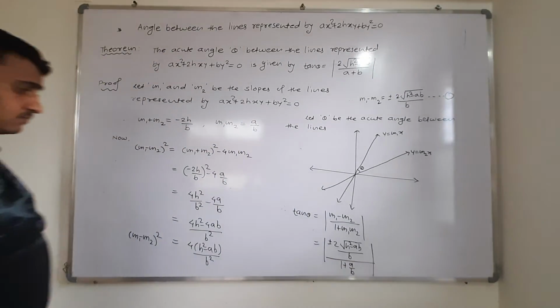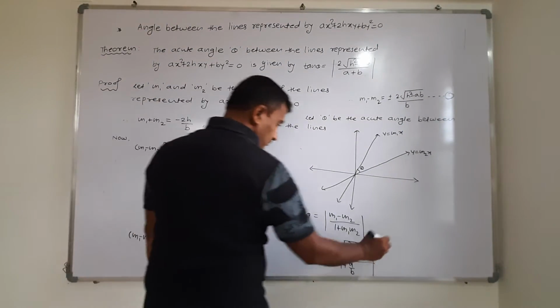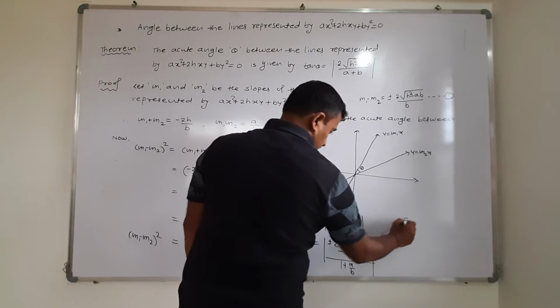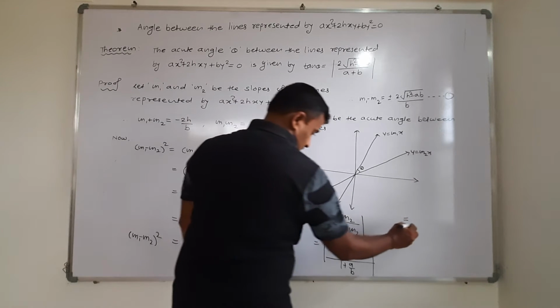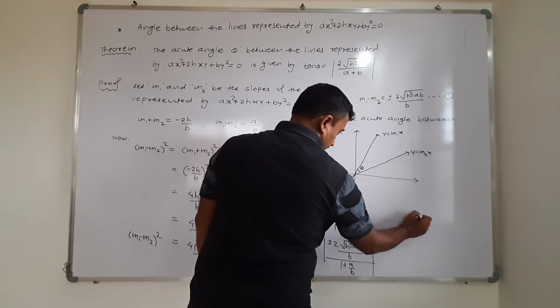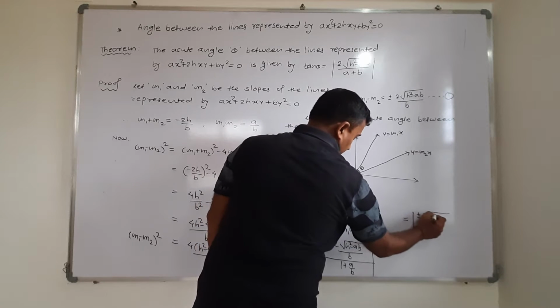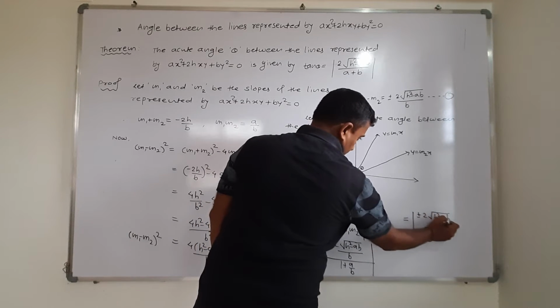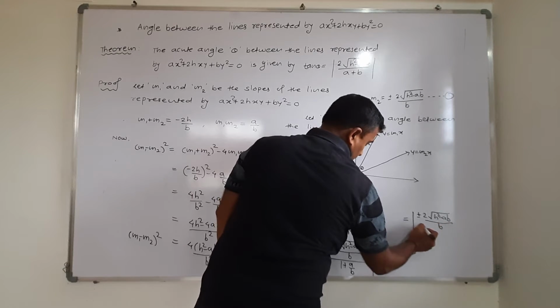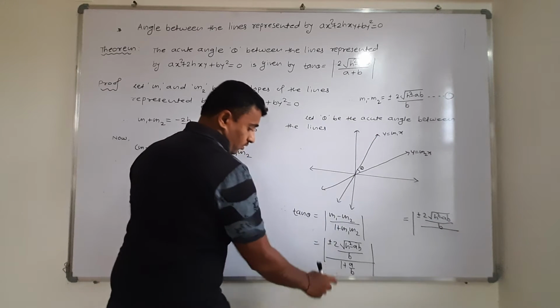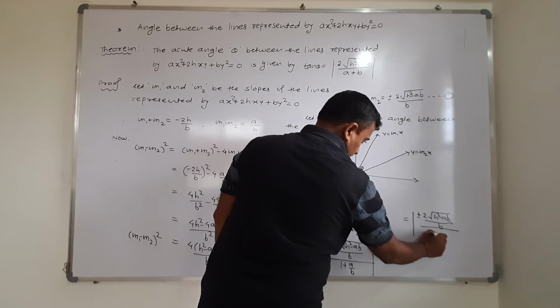Now simplifying this, cross multiplying, it is modulus of plus minus 2 times square root h square minus ab upon b, whole divided by a plus b by b.